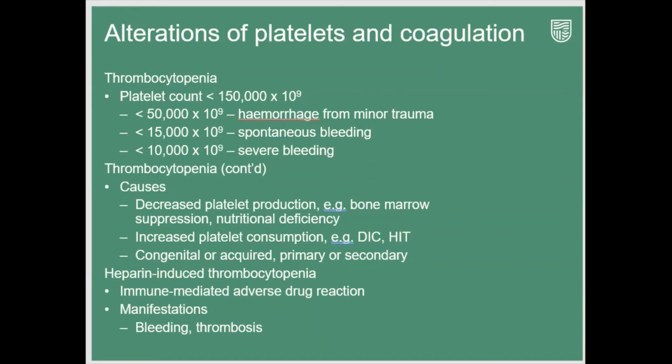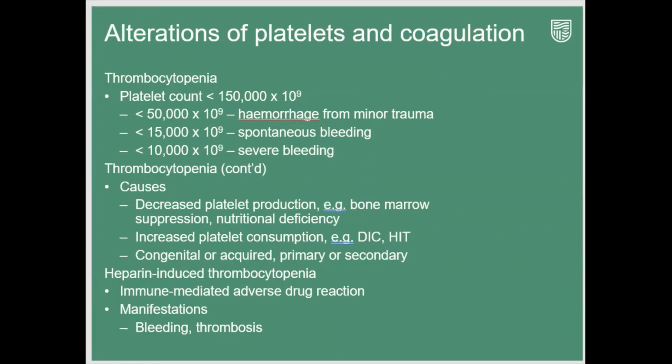Common sites of bleeding are the mucous membranes of the mouth, nose, GIT, and uterine cavity. Cutaneous bleeding is seen as pinpoint hemorrhages and purple areas of bruising in dependent areas where capillary pressure is high.